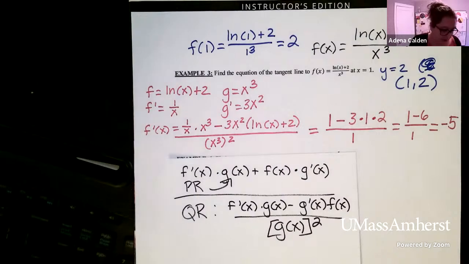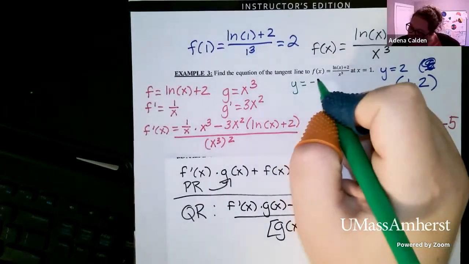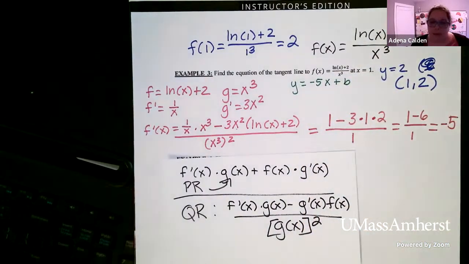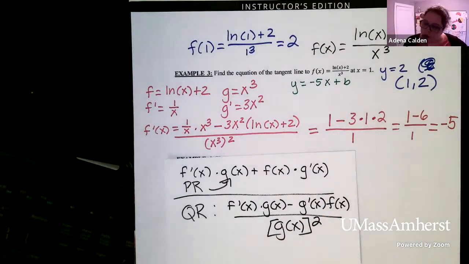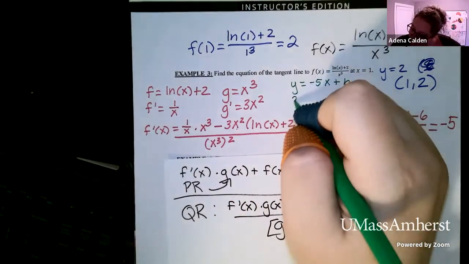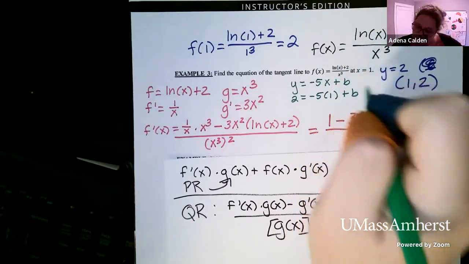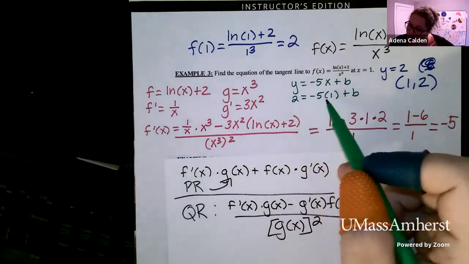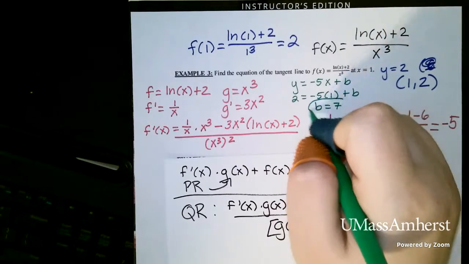So now putting that all together, I have y equals negative 5x plus b. So to get my b, this is where I plug in my point. When x is 1, y is 2. So I have 2 equals negative 5 times 1 plus b. So I have to add 5 to both sides, and I get b equals 7.